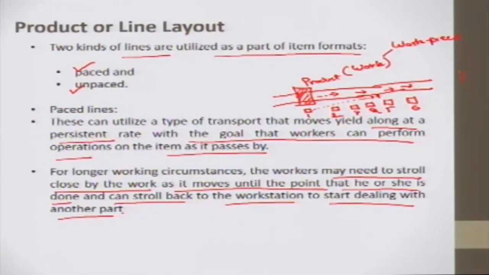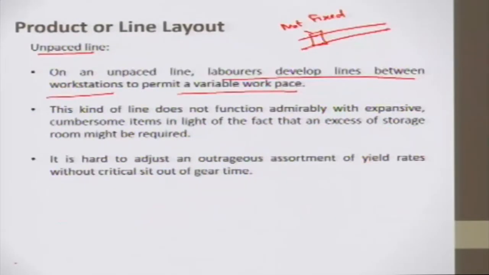It is not the end product here. Here we would have the end product or final product. So what is happening here? He can take off this workpiece and take it to another line to do this operation. He can take it off.